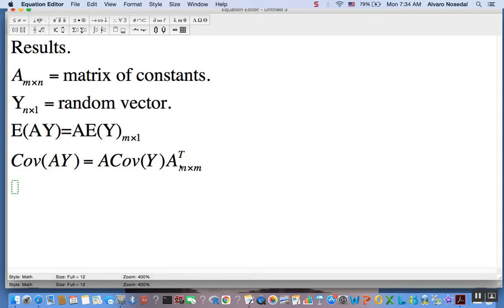So in the end, this covariance matrix is going to have the dimension m by m. Make sense?